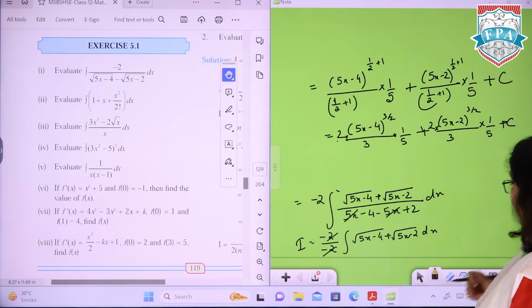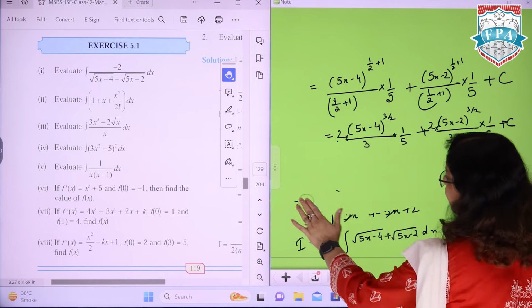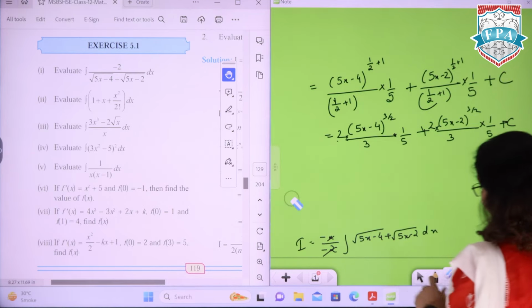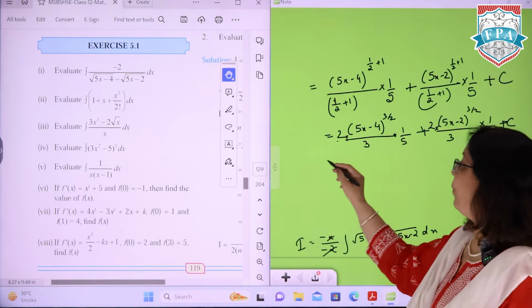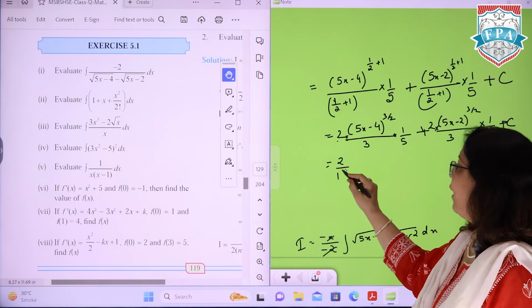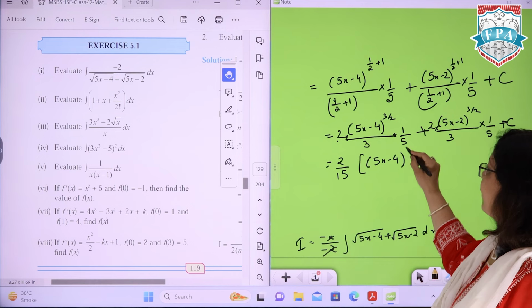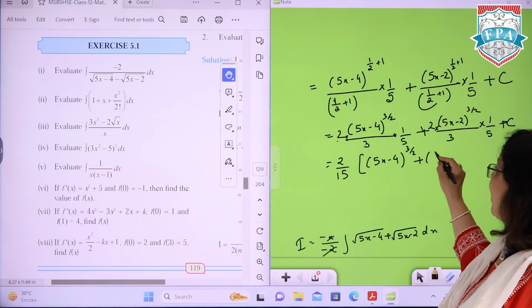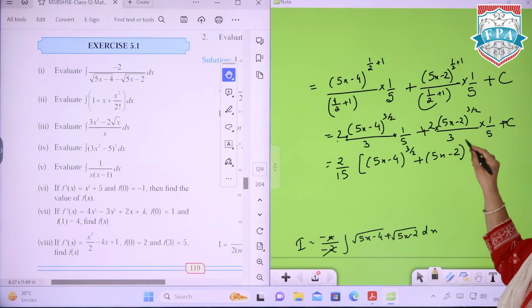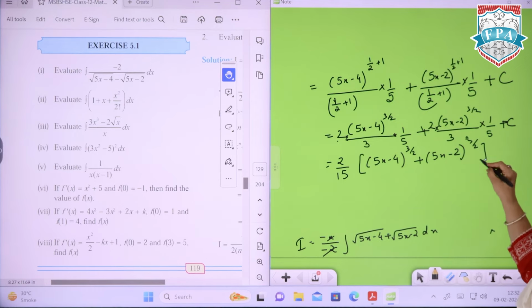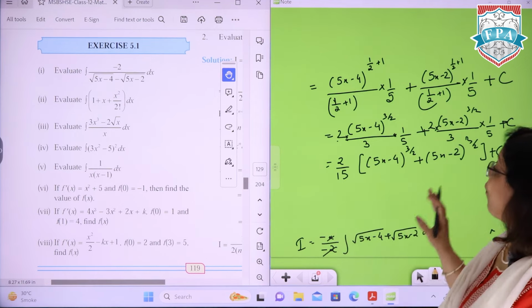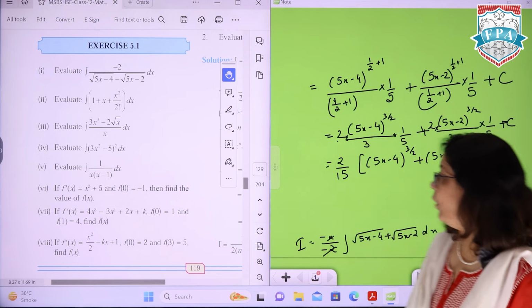You can take this 2 by 15 common, which is there in both of them. So you can take 2 by 15 out. The other part is now 5x minus 4 to the power 3 by 2 plus 5x minus 2 to the power 3 by 2 plus C. This is your final answer for the question.